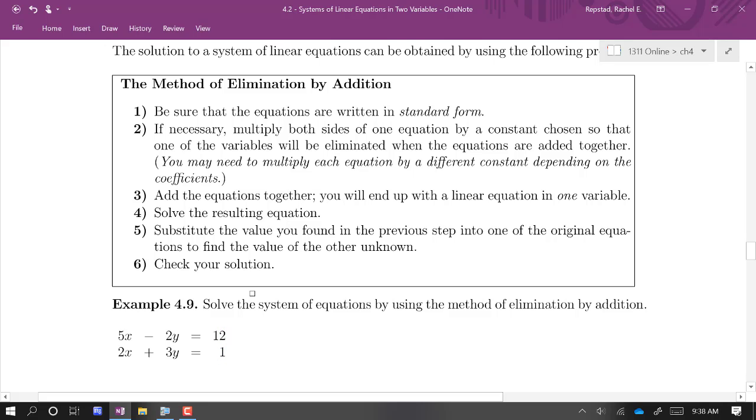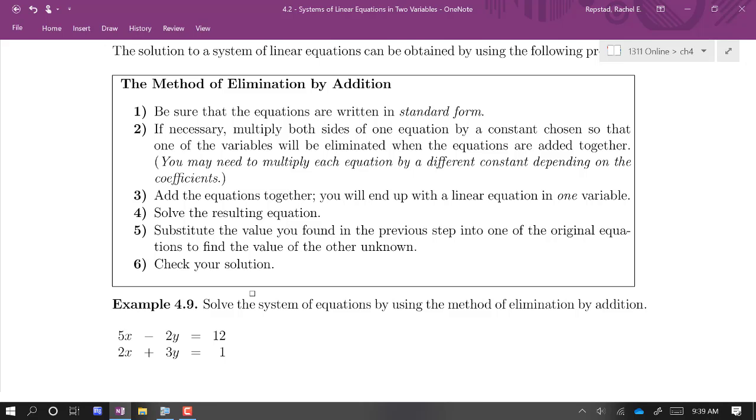Now, the next thing we want to do is pick a variable to eliminate. We're always eliminating a variable when we solve algebraically. In substitution, we eliminated that variable by making a substitution. That's how we got an equation only with x. We eliminated y.